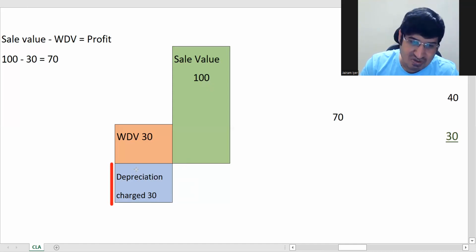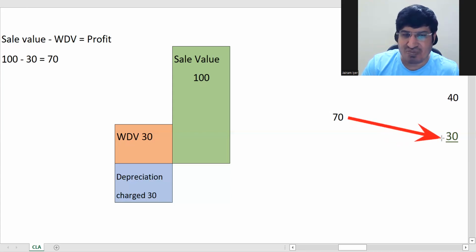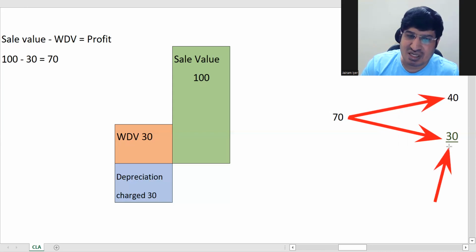Because you have given a business deduction, you will recoup that first. So this 70 you will divide into two parts. One is to the extent of accumulated depreciation, and the second is the remaining part. The remaining part, 40, will be capital gains. Now this part is called the balancing charge.